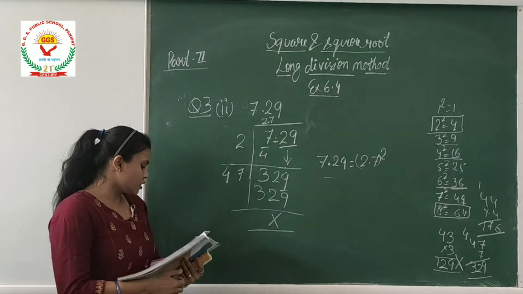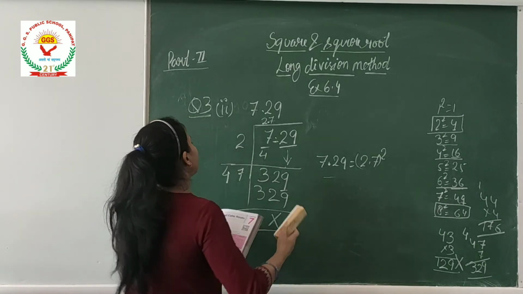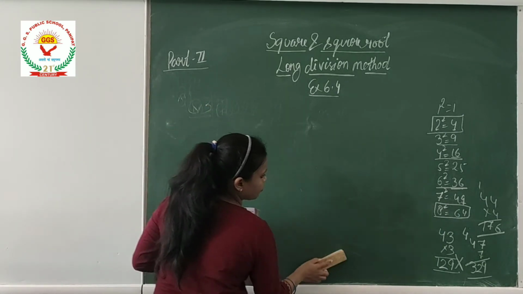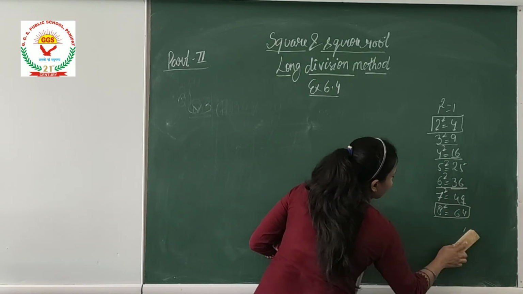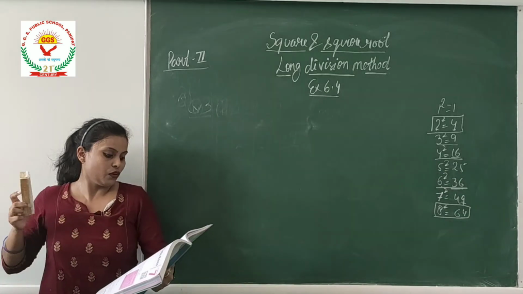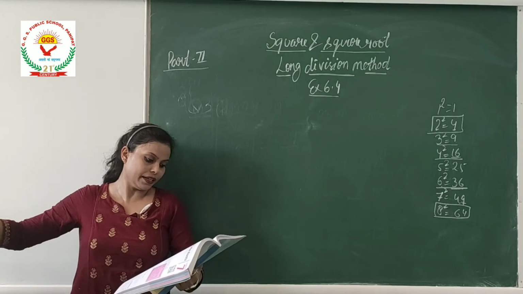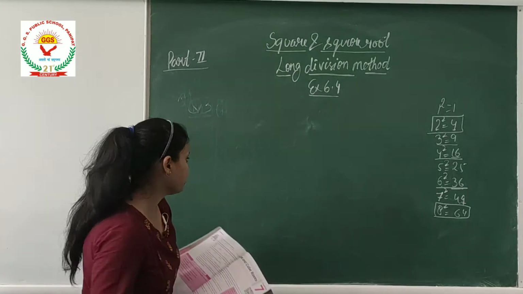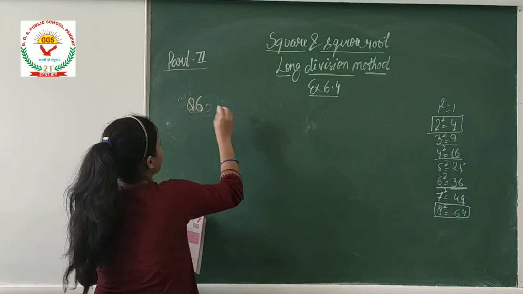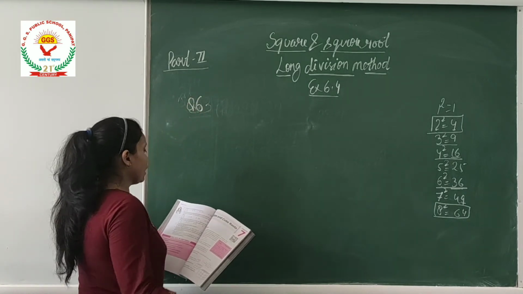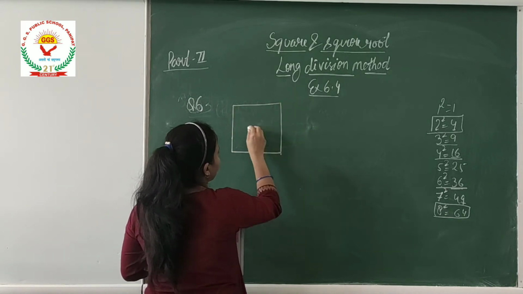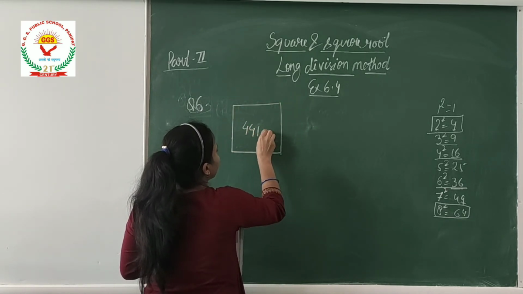Alright, this is your answer. Now moving to question number 6. The question says: find the length of a side of a square whose area is 441 meter square. It says that a square has an area of 441 meter square.